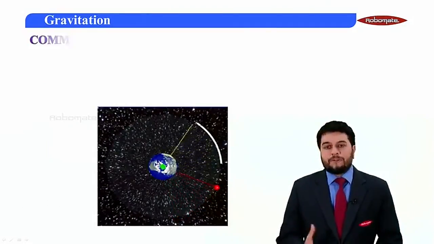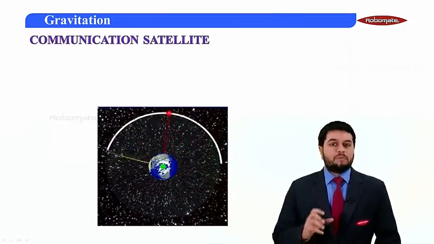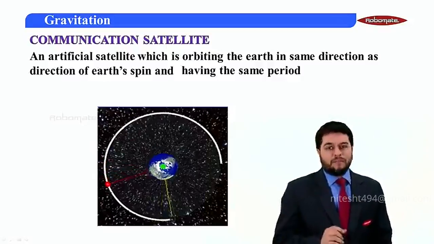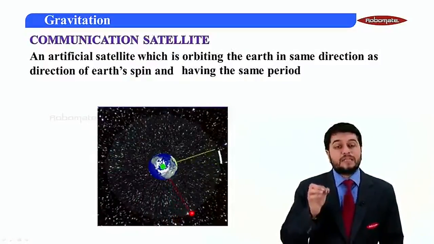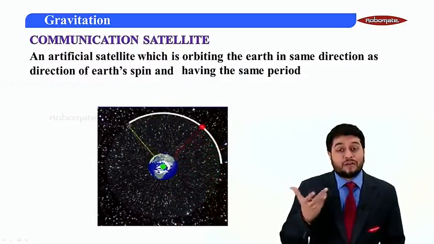Now, to define the first one, communication satellite, I would put it down something like this. It is an artificial satellite which is orbiting the Earth in the same direction as the direction of the Earth's spin.